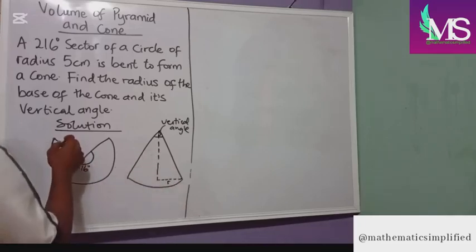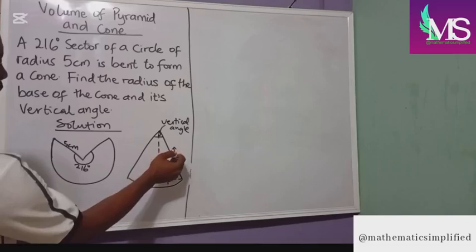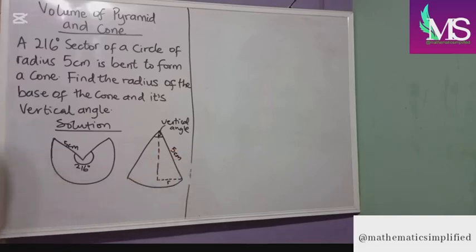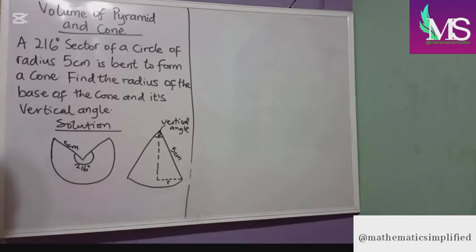Here is 5 cm. This 5 cm forms the slant height of our cone. But one thing we have to remember here is that the circumference of this cone is equal to the length of arc.